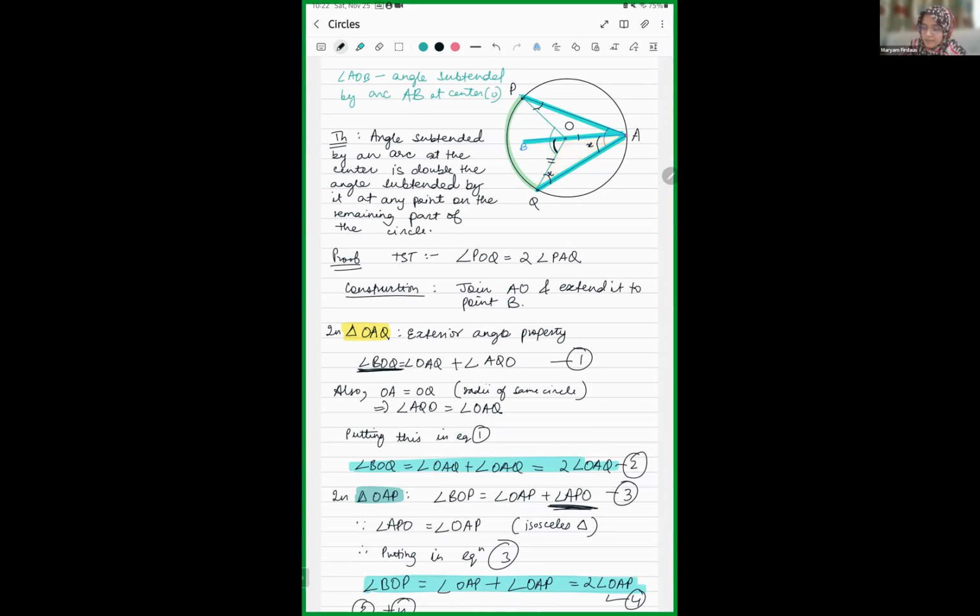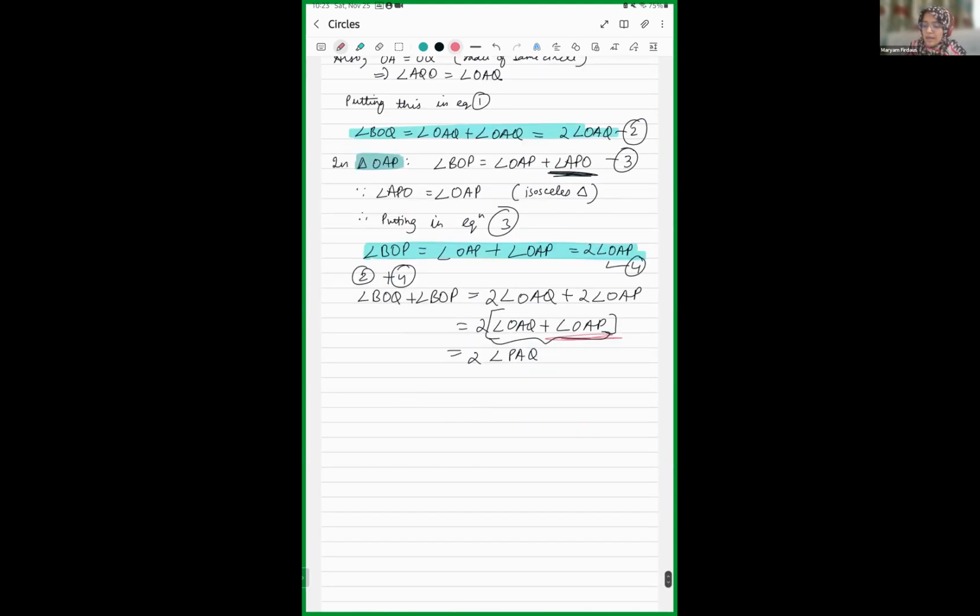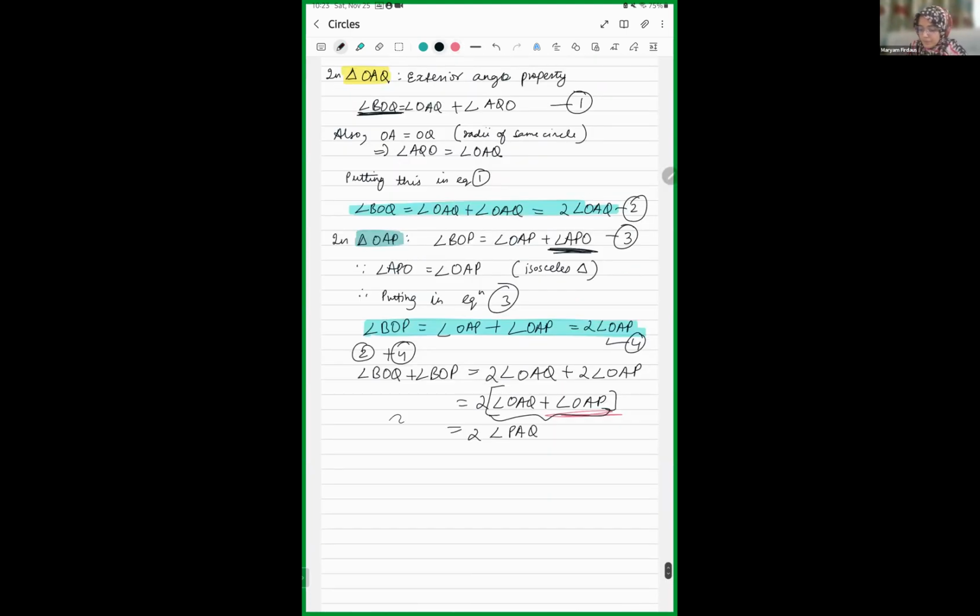Angle BOQ is this one. And we have to add it to angle BOP, the pink angle which I'm marking. When you add these two angles, which angle do you get? Angle POQ. Very good, Riaz. So you get angle POQ.